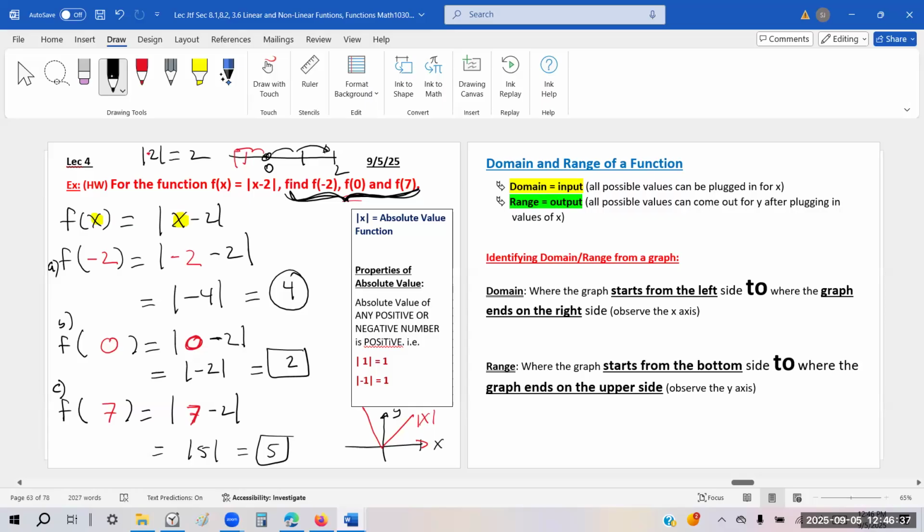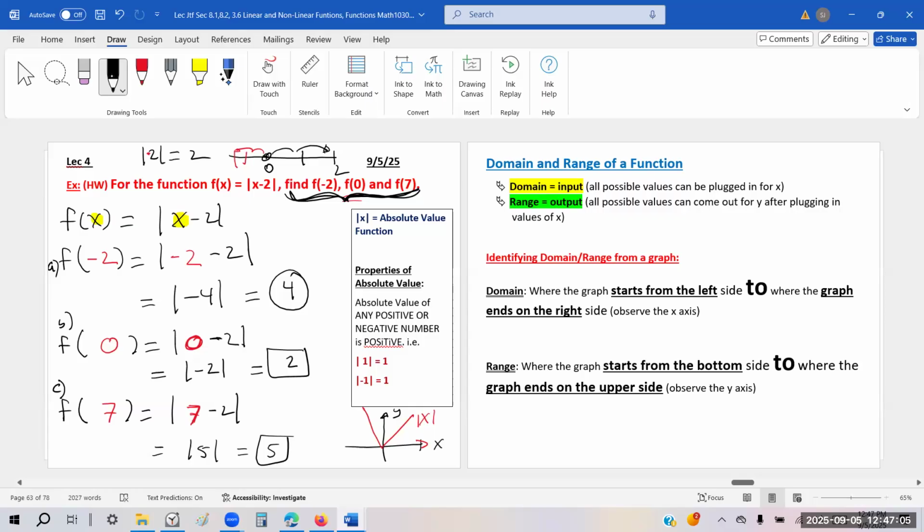You look at the y-axis for a range, and you see in your graph what is the smallest y value until what is the largest y value. If your graph is continuous, you just take the smallest y value to the largest y value, put in an interval notation, and that's the range. That's all you have to do. No math is needed. You just observe the x-axis for x values, y-axis for the y values. Is it hard? No, right?